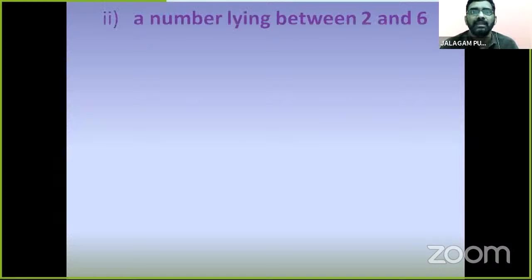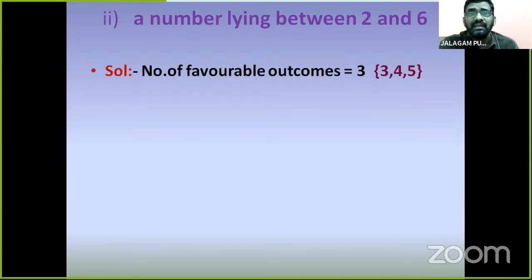See children, the second one is a number lying between 2 and 6. We find the probability of a number lying between 2 and 6. Now we find the number of favorable outcomes. The total possible outcomes are 1, 2, 3, 4, 5, 6.